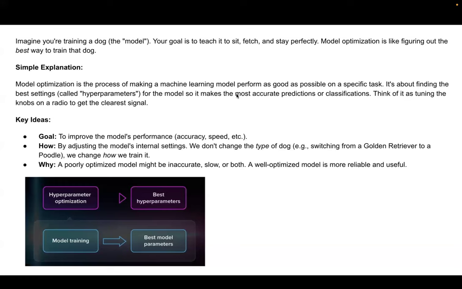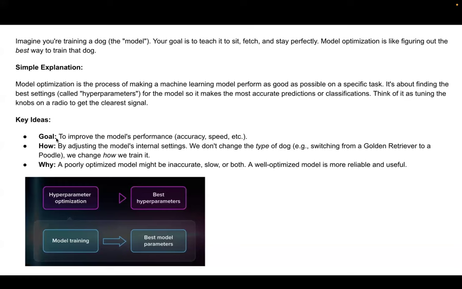It's about finding the best settings, and these settings are called the hyperparameters of the model, so it can make the most accurate predictions or classifications, depending upon what you have written the model for. Think of it as tuning the knobs on the radio to get the clearest signal. In the next slide there's a picture of a radio with all the knobs, so you adjust the knobs so that the sound coming from the station is as clear as possible.